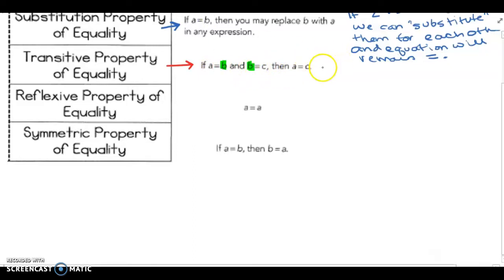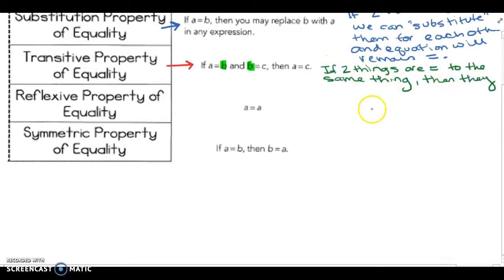Okay, so in words, I could say if two things are equal to the same thing, then they are equal to each other. And guys, we'll do some examples of these, and it'll make quite a bit more sense.